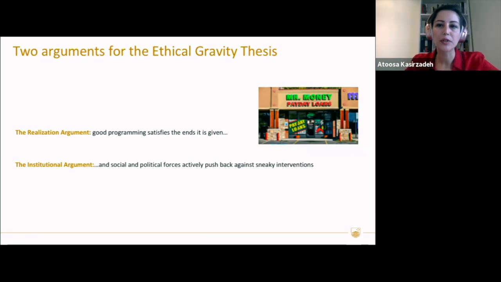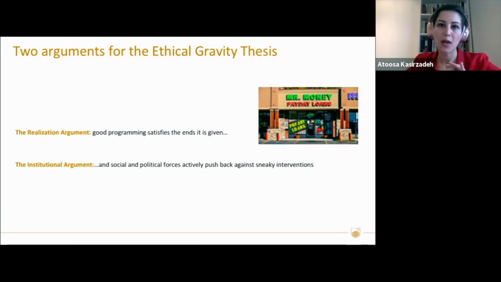To put it more concretely, back to the payday loan example, insofar as making a payday loan system is ethically problematic at all, the ethically problematic features don't go away when you make a particular version of that system. So the lower levels might tack on additional ethical problems, but they can't really avoid the ones that are inherited from the functional level. So this is one idea of this ethical gravity thesis, and then I'm going to provide an argument for that.